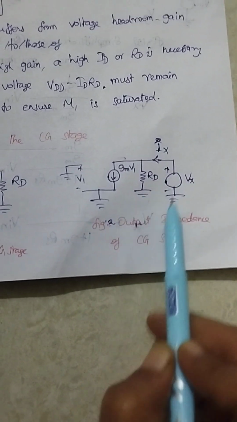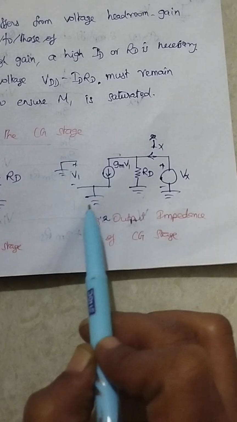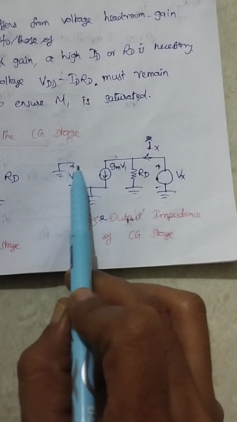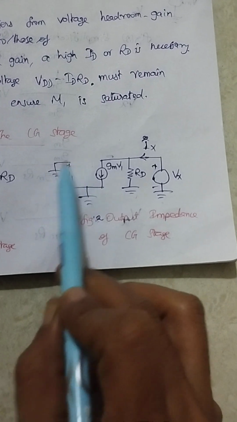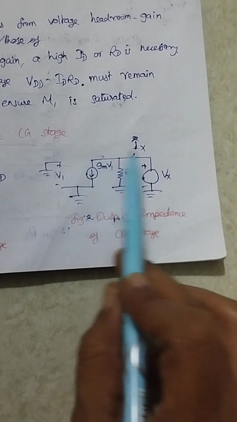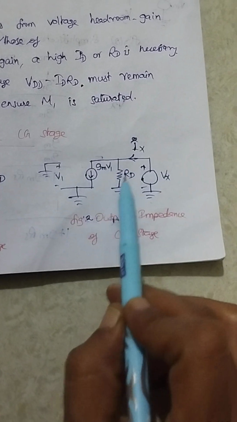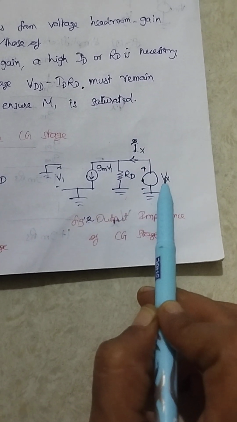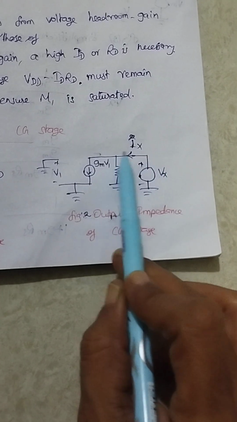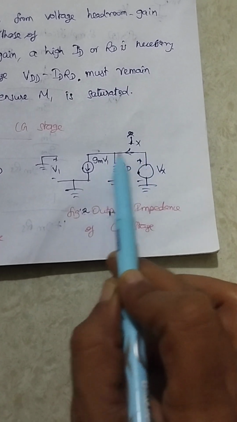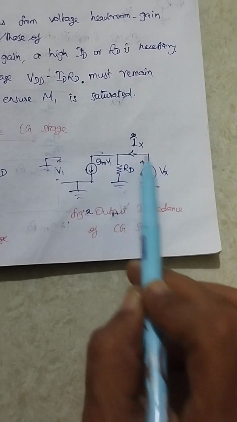While finding this output impedance, we are making the input voltage at source 0. So gate is already 0, gate is connected to ground, and source is connected to ground. And next, this is my output side, GMV1 and resistance RD. Here we are giving a small output voltage, that is voltage Vx, and the current flowing inside from this source is Ix.